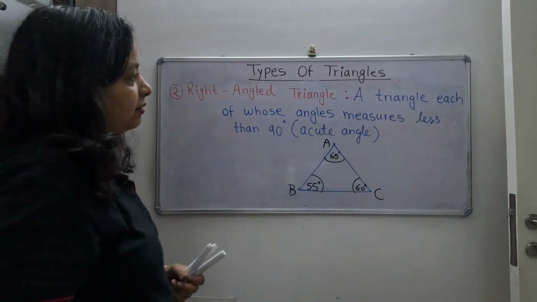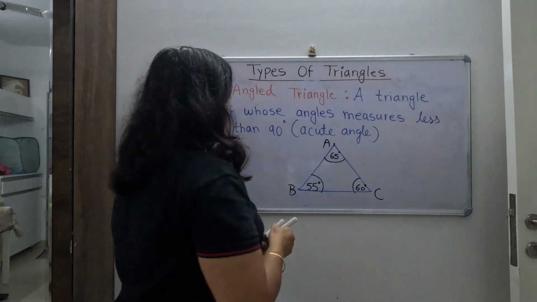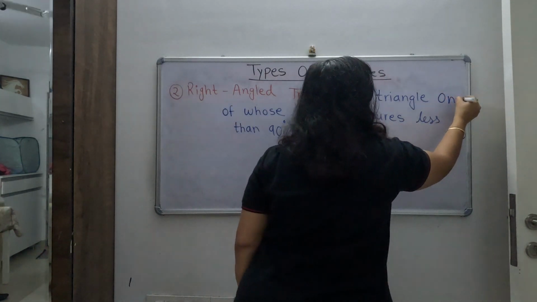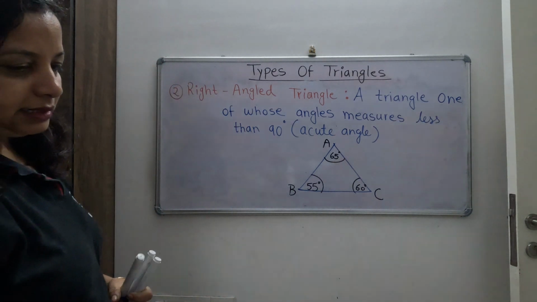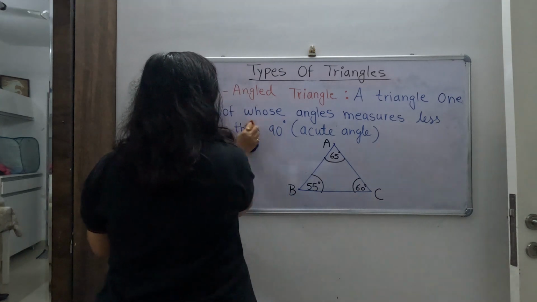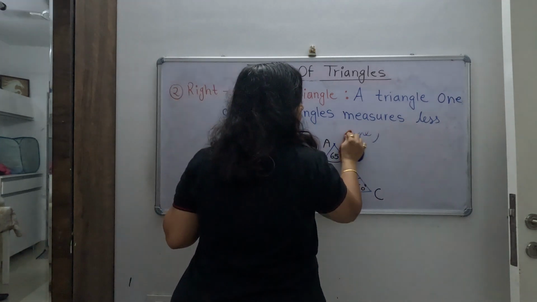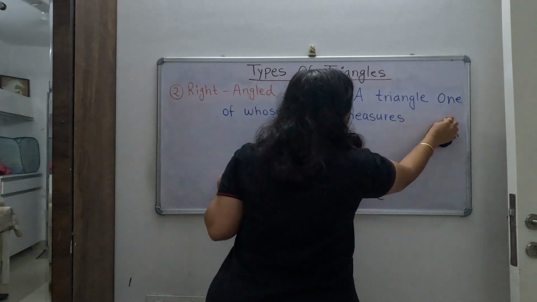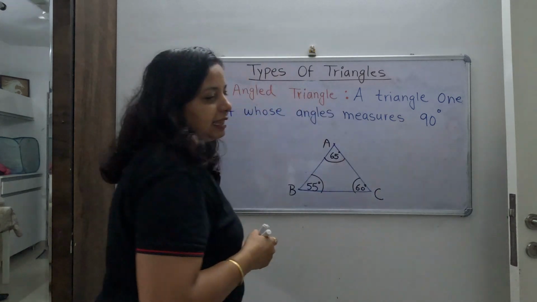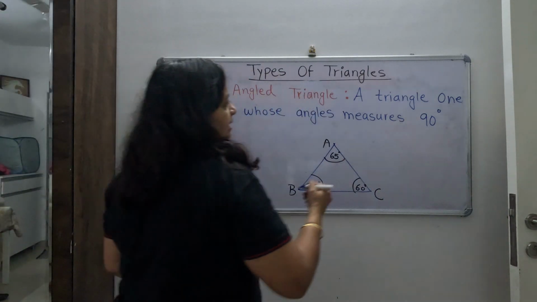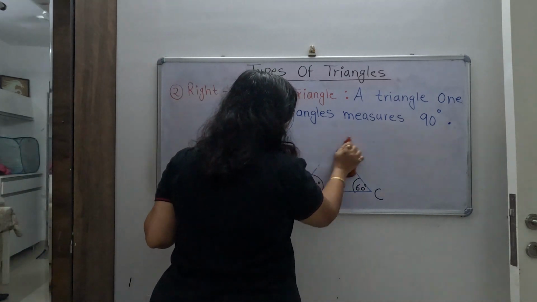A triangle in which one of the angles measures exactly 90 degree. Exact 90 means right angle. So if one angle of the triangle is 90 degree, it's a right angle triangle.